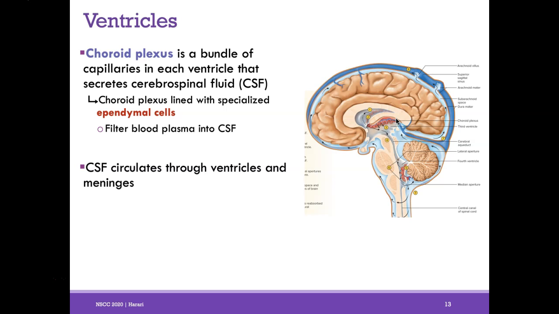So this buoyancy allows the brain to be really large without being impaired by its own size, right? Because if it rested on the floor of the cranium, then you would destroy all the nervous structure. You would press on the cerebellum, for example.